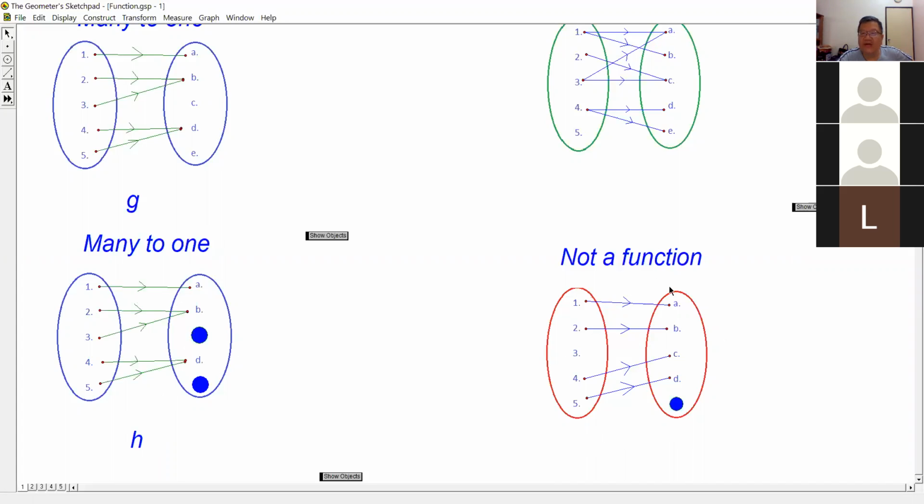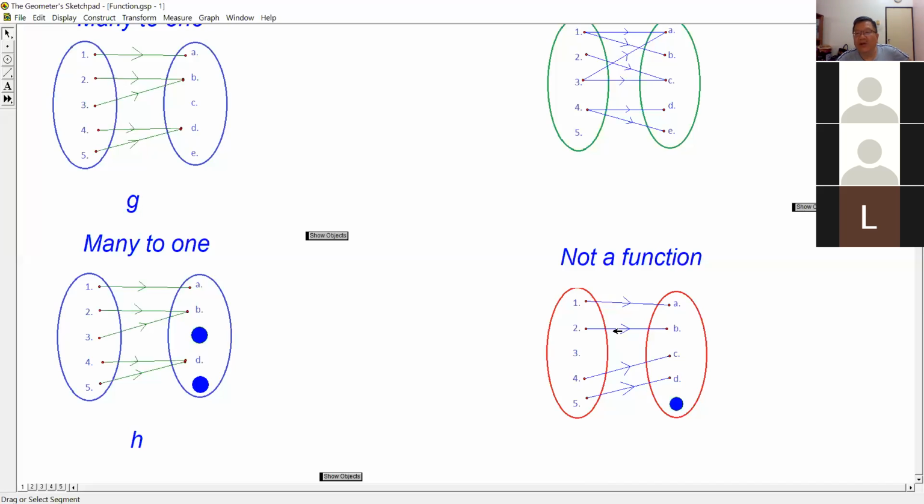Why do I say this is not a function? Now if you look at the objects, we have 1, 2, 3, 4, 5. Each object has an image, one object, one image. However, there is one object here, 3, which is without an image. Now if there is an object without an image, then this is not a function, right?